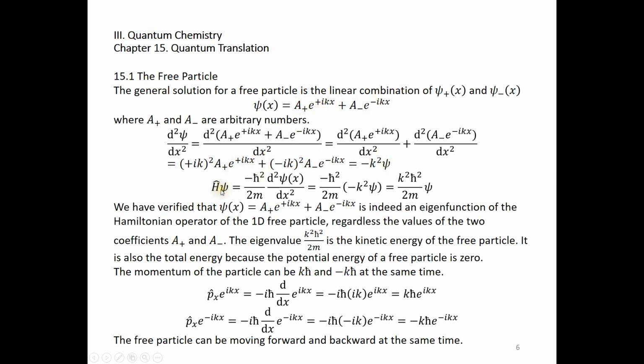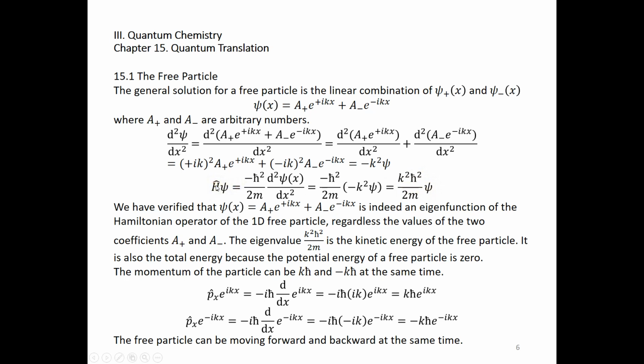And now we just proved that H being applied to psi is equal to negative h bar squared over 2m times the second derivative of psi, which is negative k squared psi. Now this is simple multiplication. We have k squared h bar squared over 2m times psi on the right side of the equation.